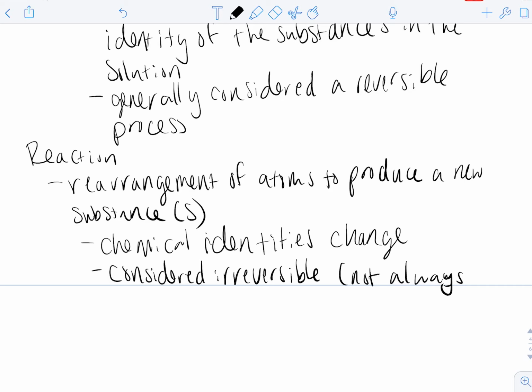Remember, we have equilibrium. Some reactions are equilibrium processes, which would be a reversible process, right? And also, you can sometimes add energy to cause a reaction to go the other way. Okay, so that's it for this lecture. See you guys later.